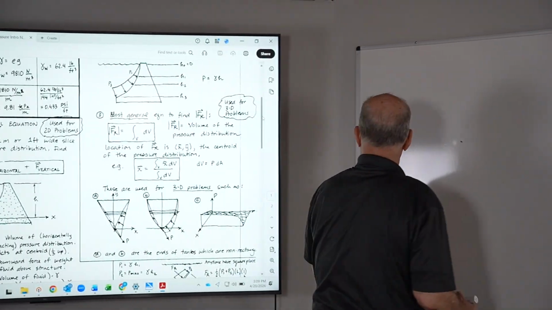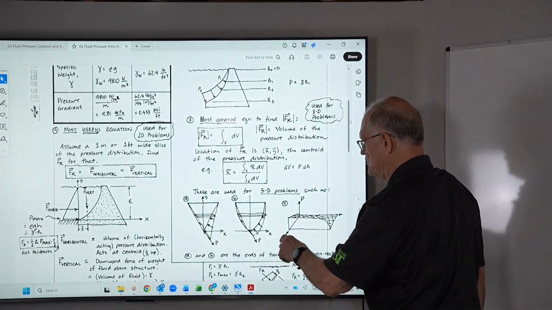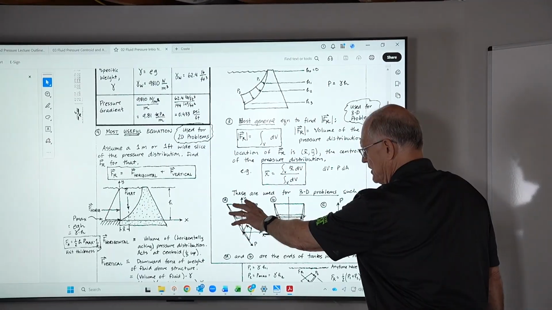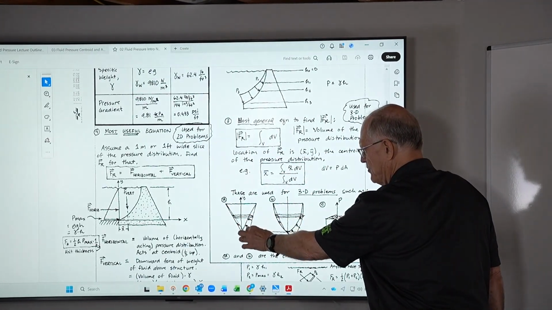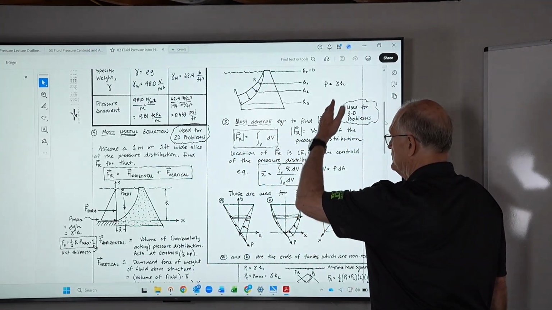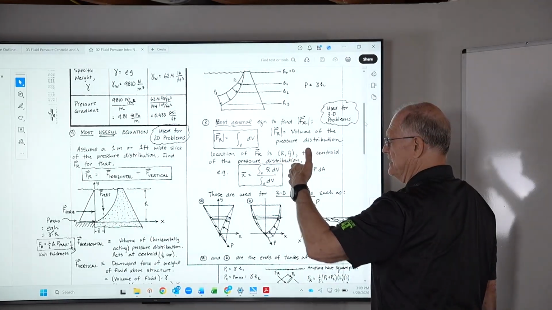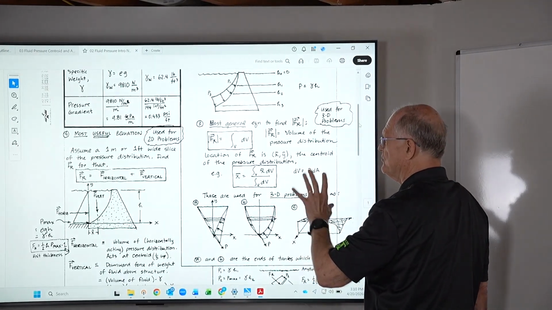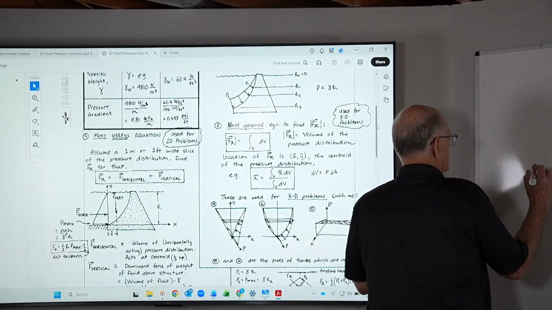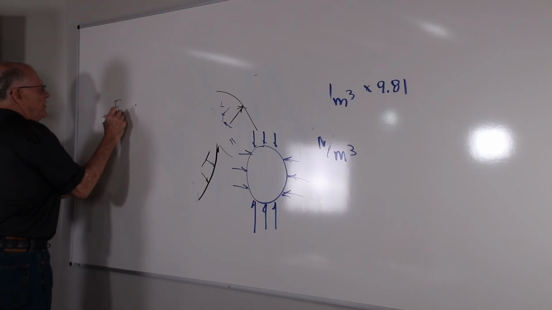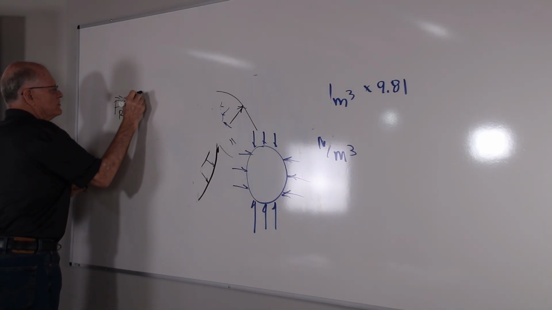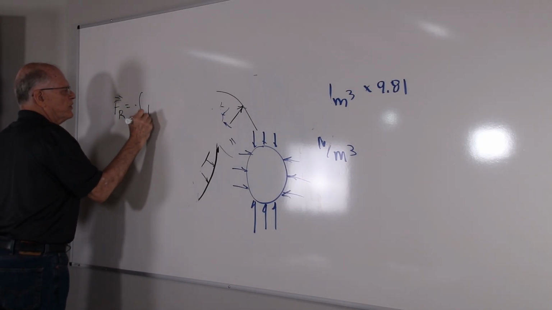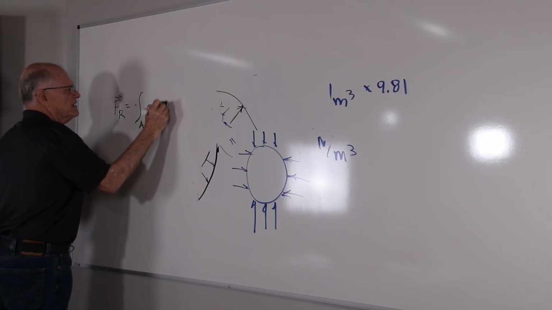And so it's basic. Whatever that pressure distribution is, whether it's a strange one with a variable width plate, or a straight, flat, constant width plate or whatever, we get a pressure distribution. And so what we're looking for is F_R equals the integral over the area of the pressure times dA.